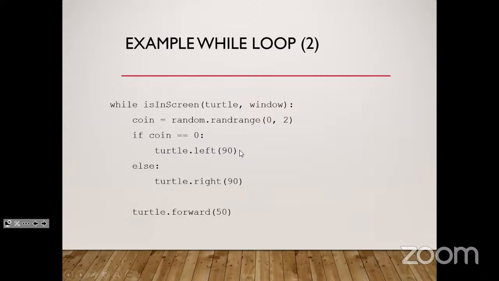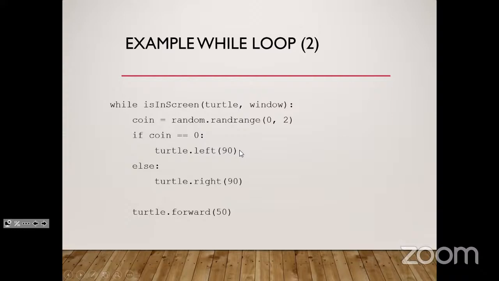So this one is a while loop with an if inside of it. So we have nested another control structure inside of our while loop. So while the turtle is in the screen, we want to randomly flip a coin and get heads or tails, 1 or 2.